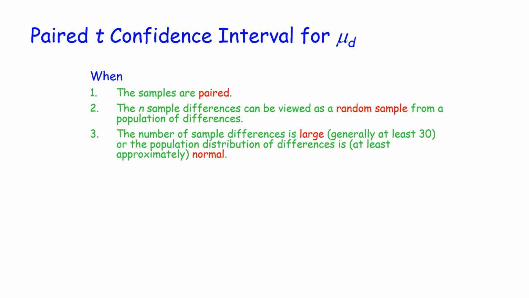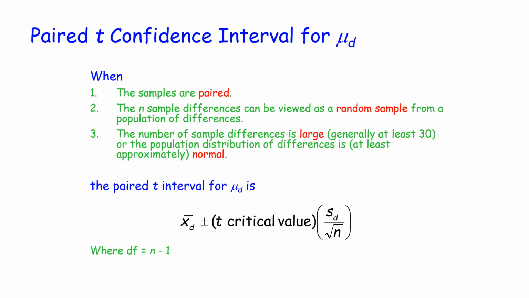So when we have that, we're able to have a paired t confidence interval. The paired t interval for mu sub d is x bar sub d plus or minus our t critical value times s sub d divided by the square root of n. Again, where our degrees of freedom is n minus 1.